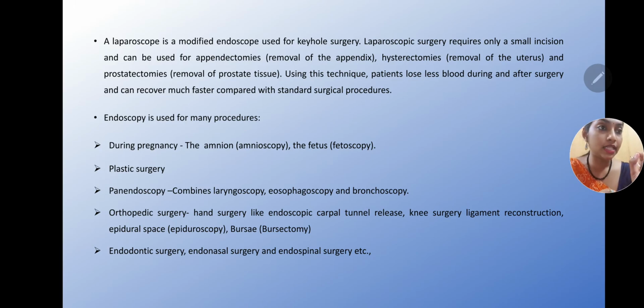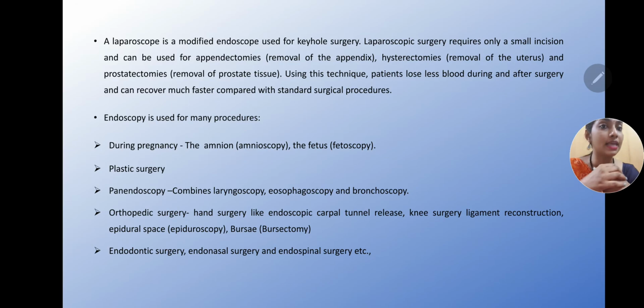Say for example, we'll take appendix. We know it's a useless organ in the body, but if it is facing an infection, then it is called as appendicitis. Then it has to be removed. Instead of going with a surgery, a keyhole surgery can be done. That is, the endoscope can be inserted into that region and the appendix can be removed.